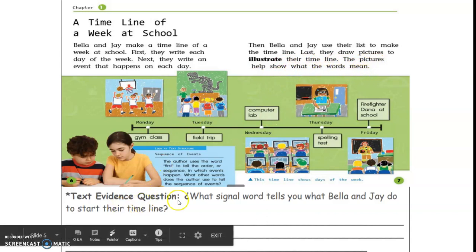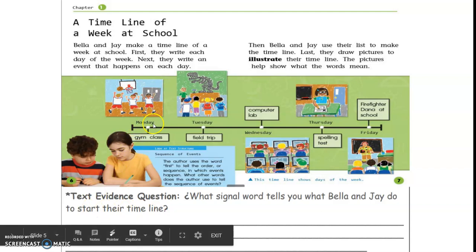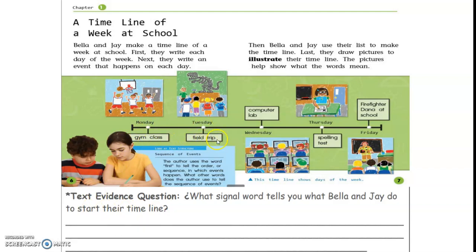All right, so this question again, think about it. What signal word tells you what Bella and Jay do to start their timeline? So take a second, maybe tell your mom, tell your dad, tell your brother, and then you can write it. Oh, Monday, gym class. Tuesday, field trip. Wednesday, computer lab.